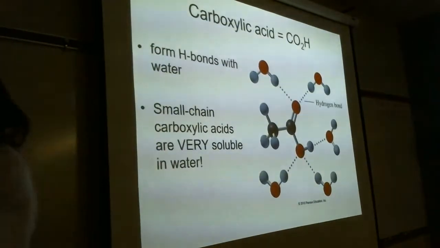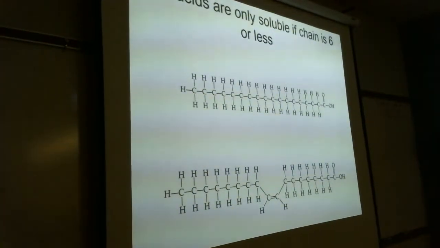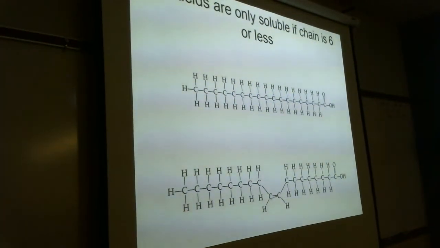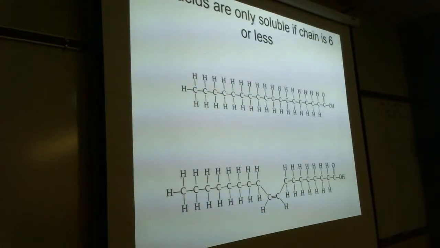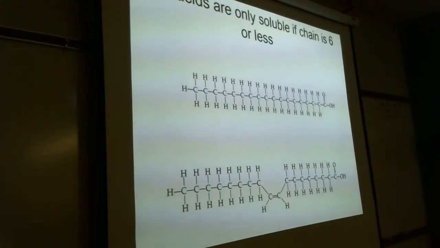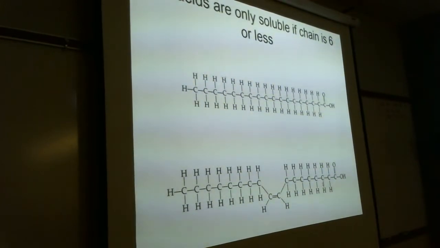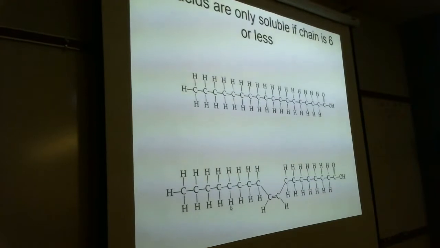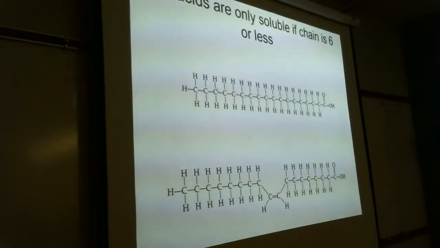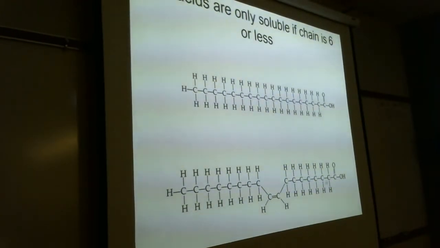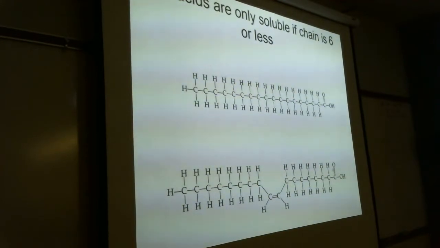And so when you study organic chemistry, you'll call these fatty acids. If the chain is really long on a carboxylic acid, that's called a fatty acid. Next semester, if you take elementary organic, or if you go on to take organic 1, we'll study those in great detail. This piece right here is the polar component. This piece is the nonpolar.